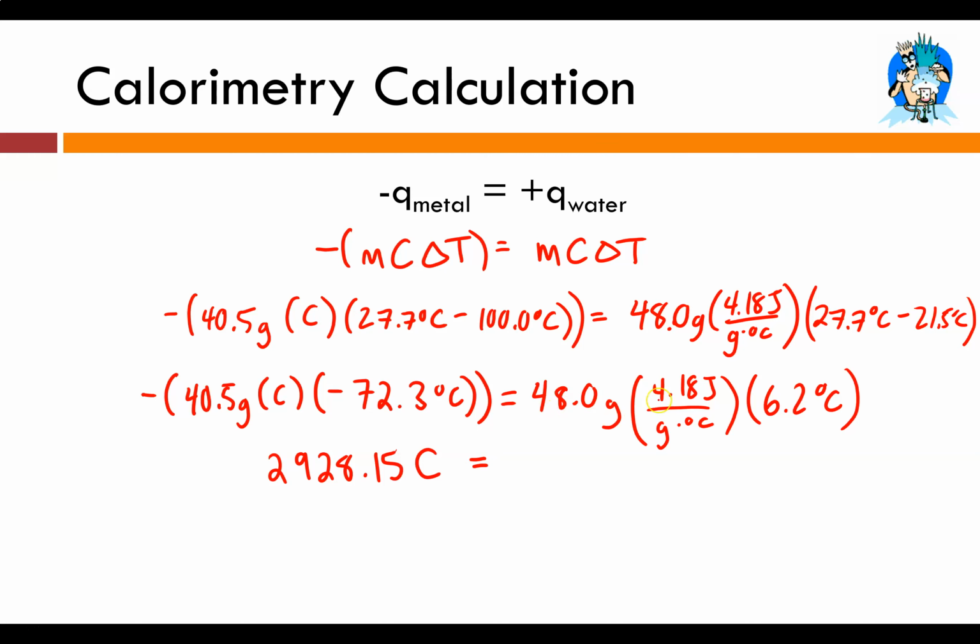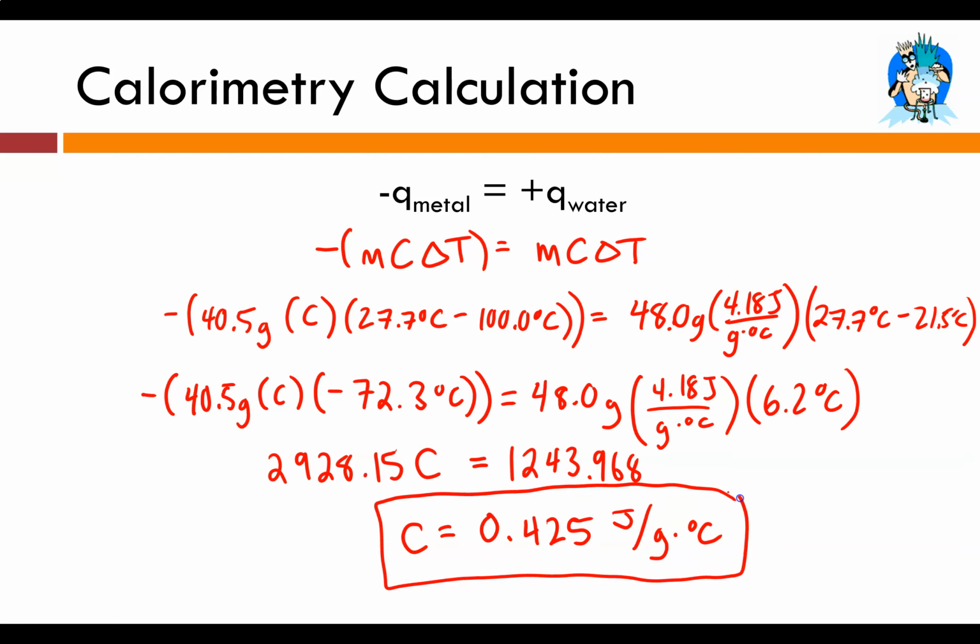And if I take 48 times 4.18 times 6.2, I end up with 1243.968. I'm going to divide both sides by 2928.15, and I end up with C equal to 0.425, and my units are going to be joules per gram degrees Celsius, the same as they were for the specific heat of water.